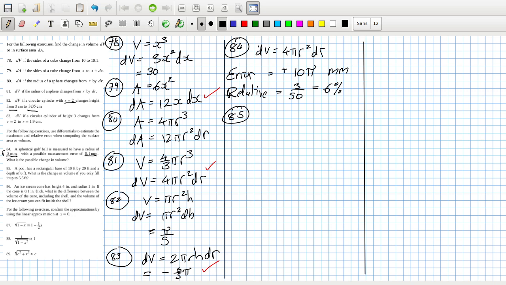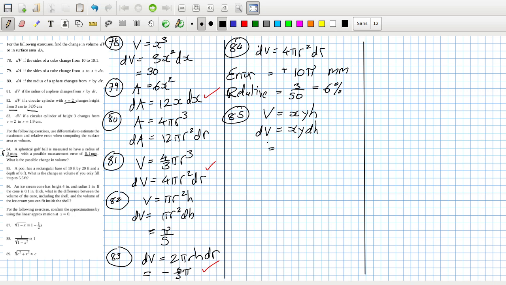A pool has a rectangular base of 10 by 20 and depth of 6. What is the change in volume if you only fill it up to... Okay, so volume is x, y, z. If we take z as the height, maybe x, y, h. So dV is x, y, dh.